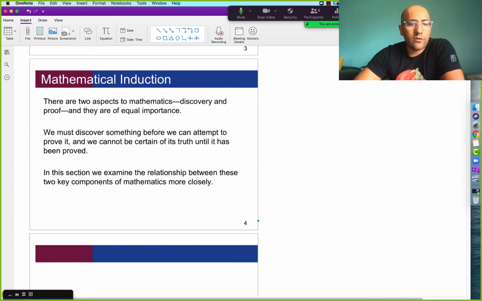Okay, so there are two aspects to math, the discovery part and the proof part. The discovery part means some inspiration came to you for some concept, some idea, and then you have to prove it. And the proof can be as easy as, here's this little picture, and I can show you that it makes sense, sort of proof by picture.